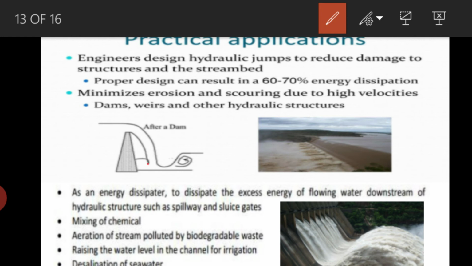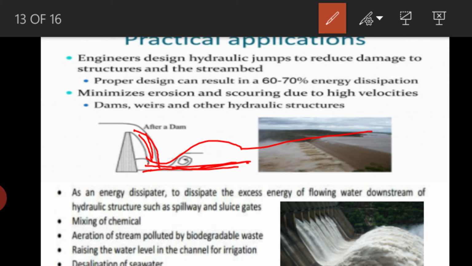A stilling basin means it will have a certain depth of water and the water will be falling on the water. If water is falling on water, there won't be any erosion of the bed or banks. The water falls directly on the water, then it jumps and moves like this. So this is the practical application of a hydraulic jump.